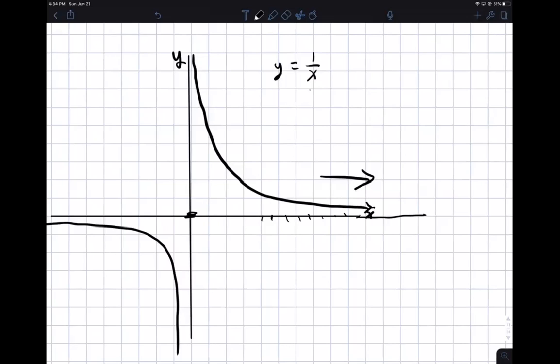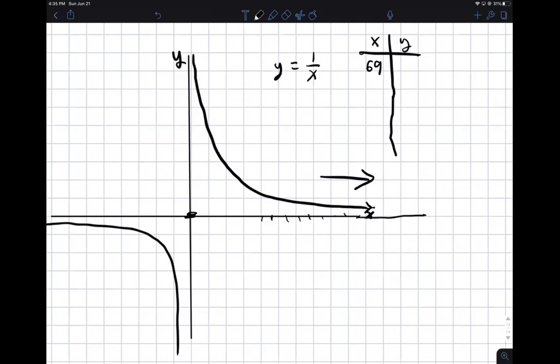So what's a really big number you can think of? Any big number. 69. Okay, 69, sure. So 1 over 69, where is it going to be?